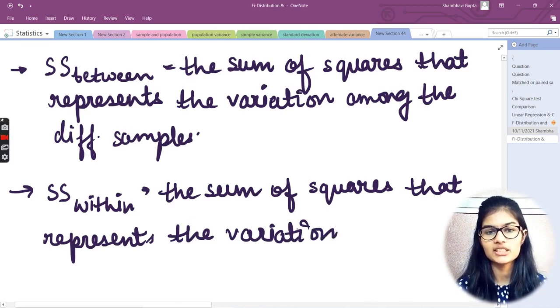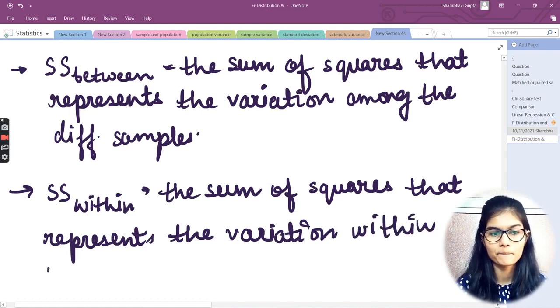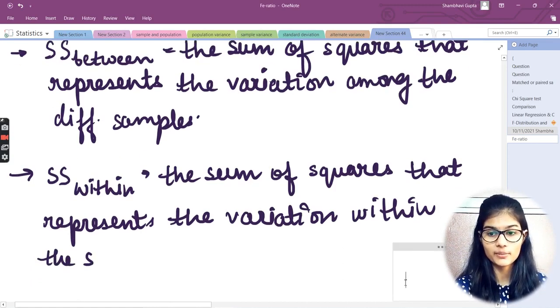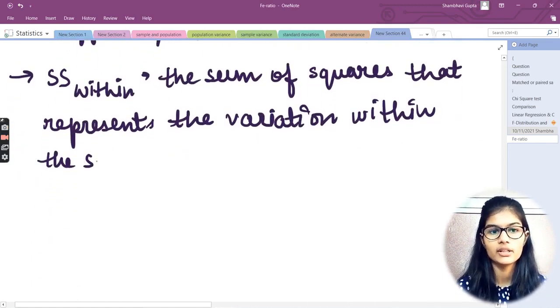So SS within is basically the sum of squares that represents the variation within the samples. Within the samples, let me just get down and make some space.